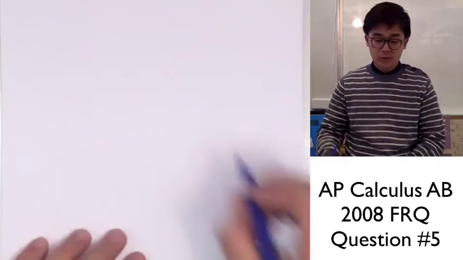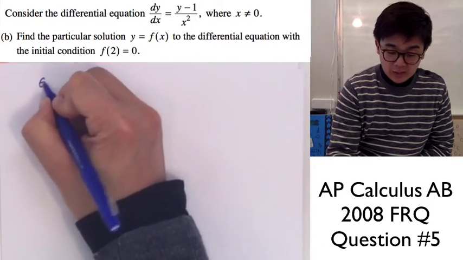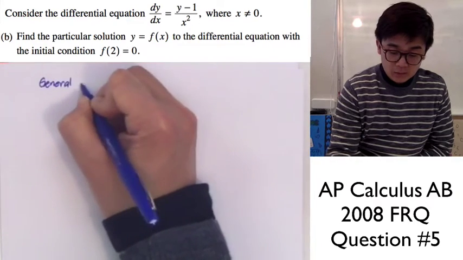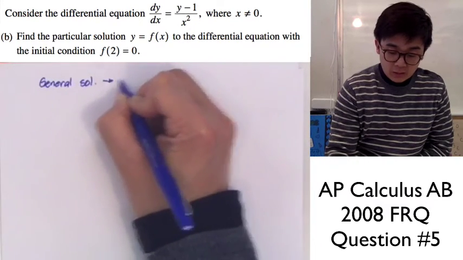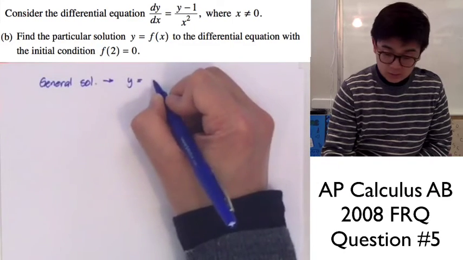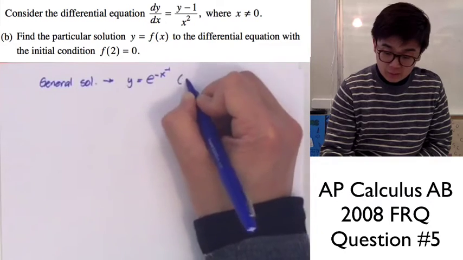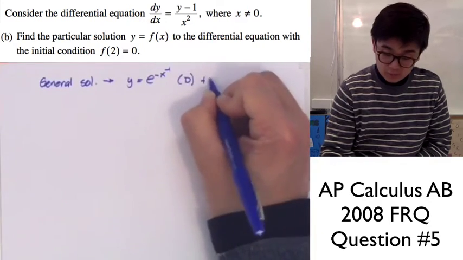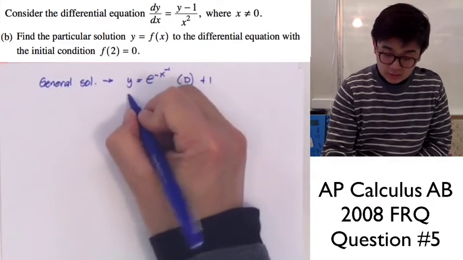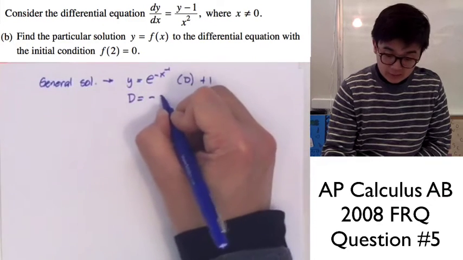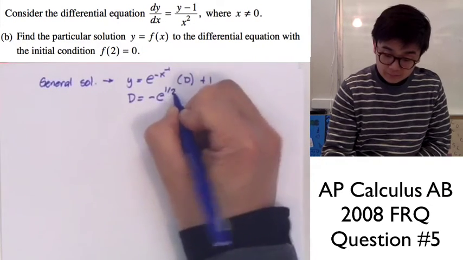Let's rewrite it. We know that our general solution is y equals e to the negative x to the negative 1 multiplied by d plus 1, and we know that the constant d is equal to negative e to the 1/2.